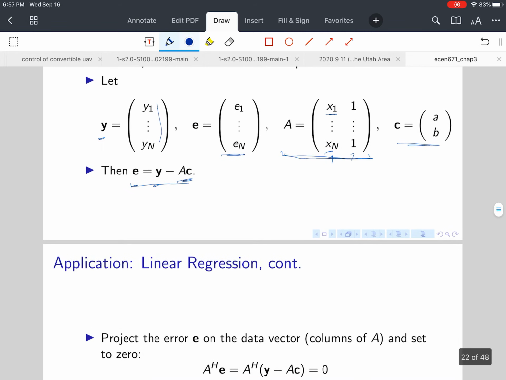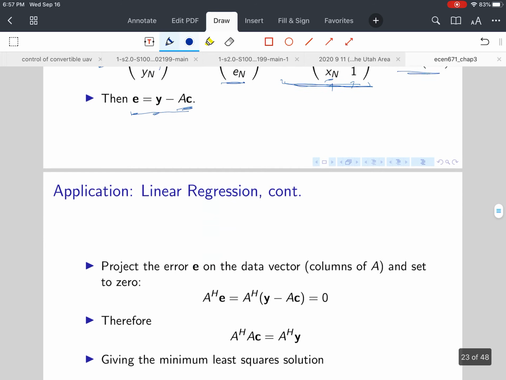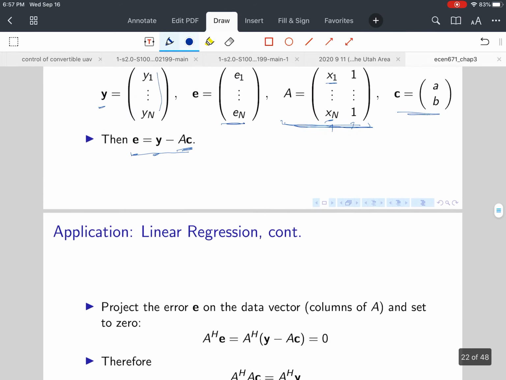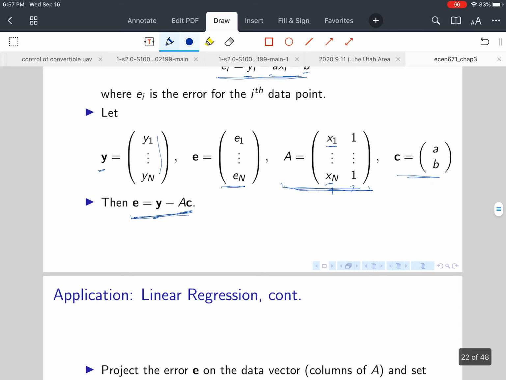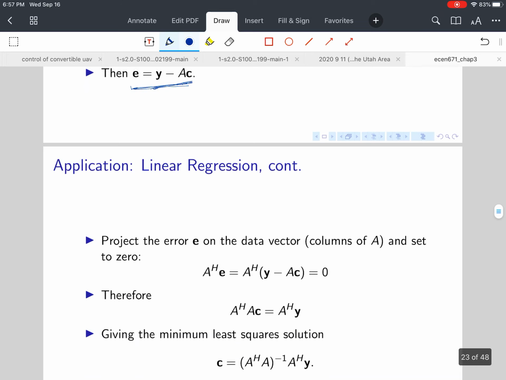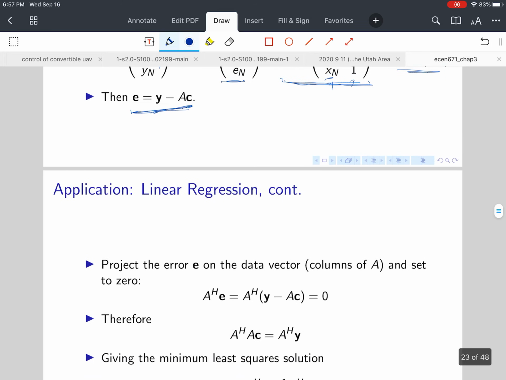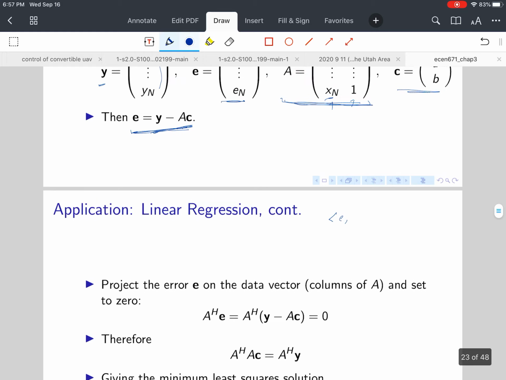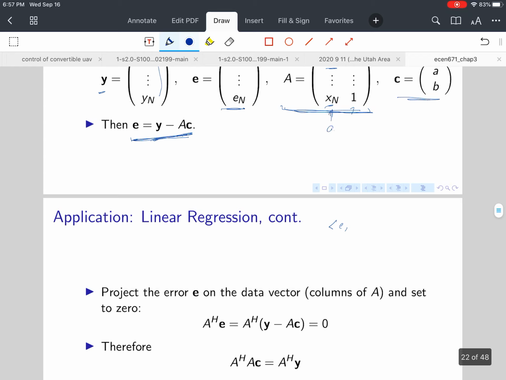Now we have to project the error onto the data vectors, which in this case are the columns of A. So again, this turns out to be a matrix equation. When we project, in other words, if we call this A1 and this A2, E with A1 has to equal 0, and E with A2 has to equal 0.